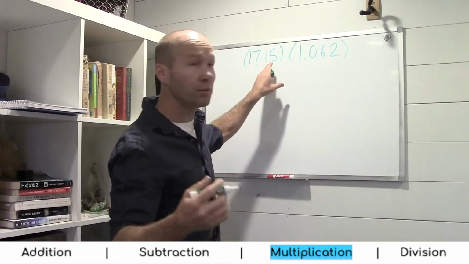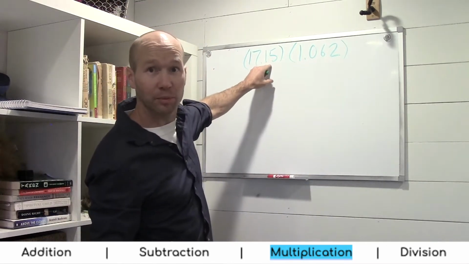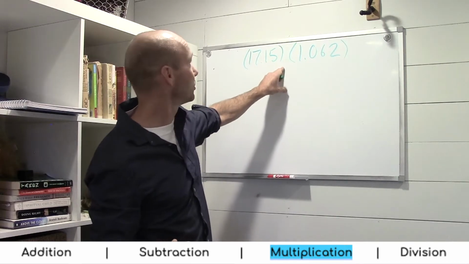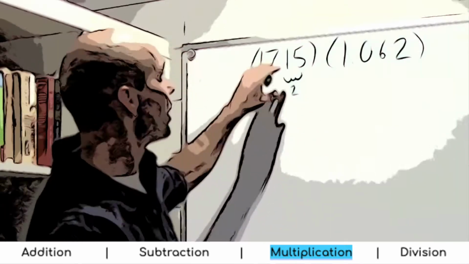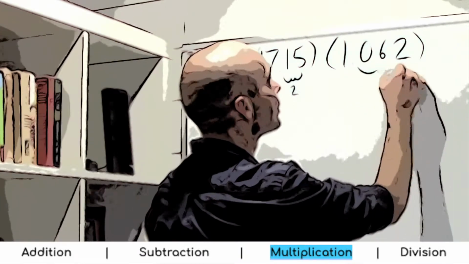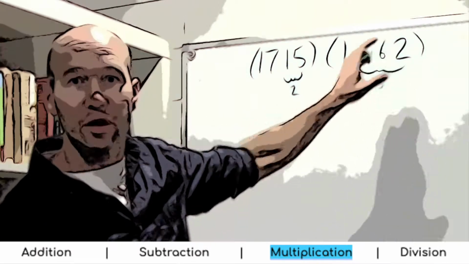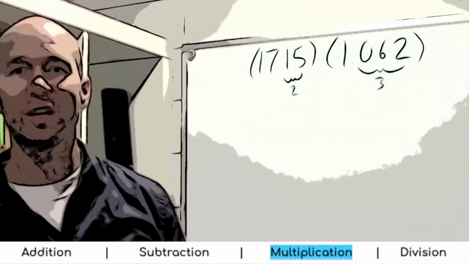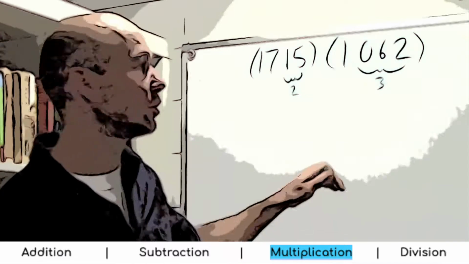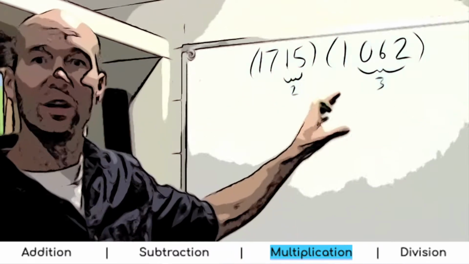We've got two numbers after the decimal point here, and we have three numbers after the decimal point on this number. So when we are done, whatever we finish at the end, we are going to move that decimal back a total of 2 plus 3, so 5 spaces.